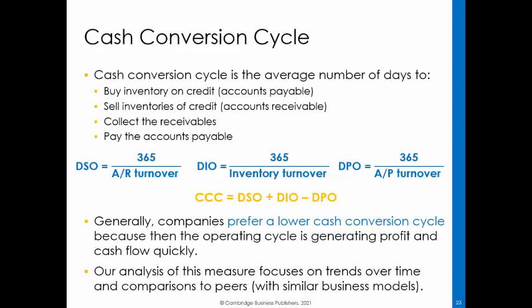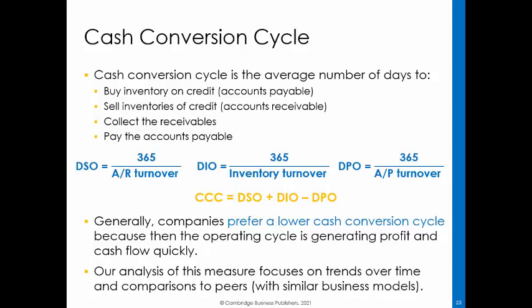The cash conversion cycle measures the average time in days it takes to sell inventories, collect the receivables from the sale, pay the payables incurred for the inventory purchase, and return to cash, which we discussed in Module 2. Each time a company completes one cash conversion cycle, it generates profit and cash flow. Companies generally prefer a low cash conversion cycle because the operating cycle is generating more profit and cash flow.